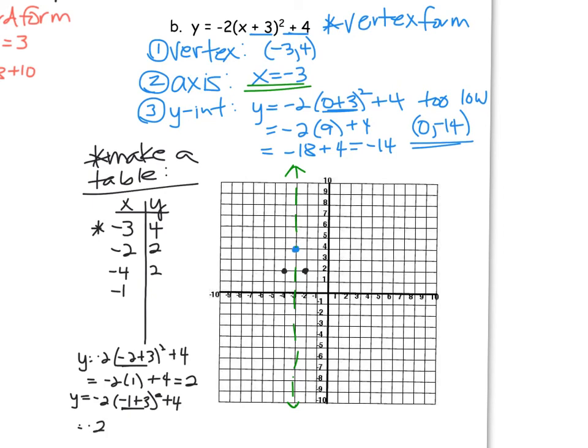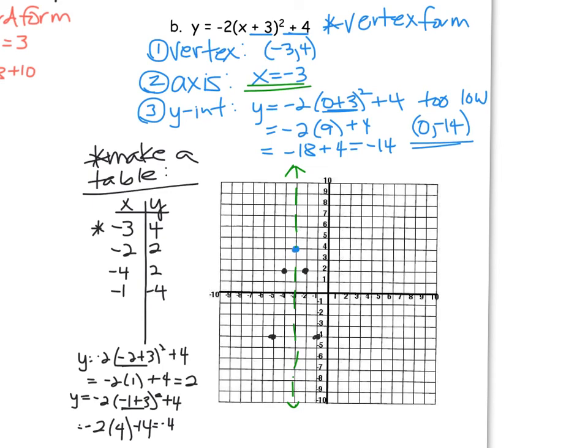So if we take -2 times 4 and then add 4, -2 times 4 is -8, plus 4 is -4. That will fit on our graph. So I just went to -1, down to -4, and if I reflect that one to the other side, can you start to see the shape of our parabola forming on the graph?